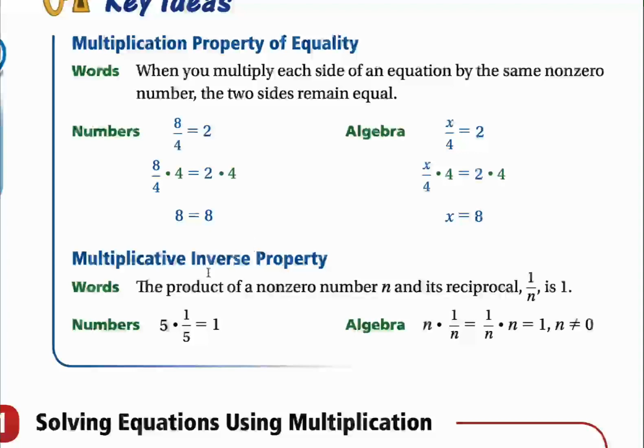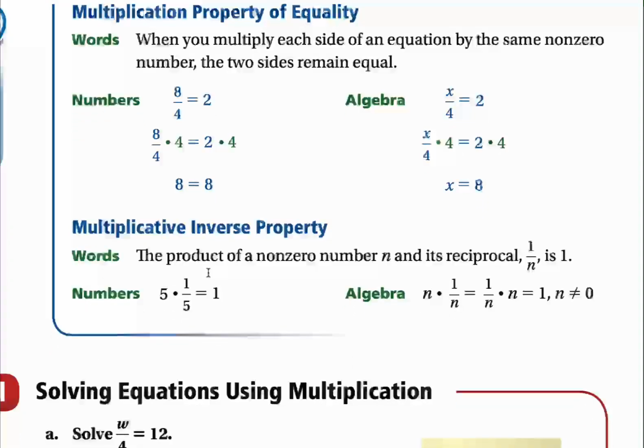And we have the multiplicative inverse property. The multiplicative inverse is the reciprocal that we said before in the previous years. The product of a non-zero number by its reciprocal is 1, like 5 multiplied by 1 over 5 equals 1.